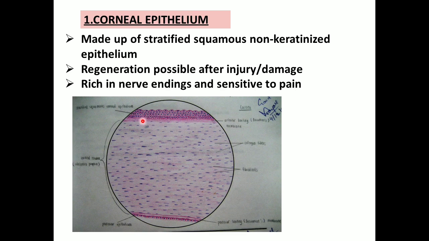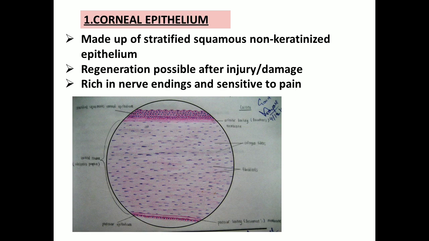The features of stratified squamous non-keratinized epithelium we have seen under the chapter on epithelia. In this type of epithelium, the columnar layer is in the basal layer, and superficial to it there are multiple layers of polygonal cells, and then single or multiple layers of squamous cells. In this corneal epithelium, regeneration is possible in case of injury or damage.